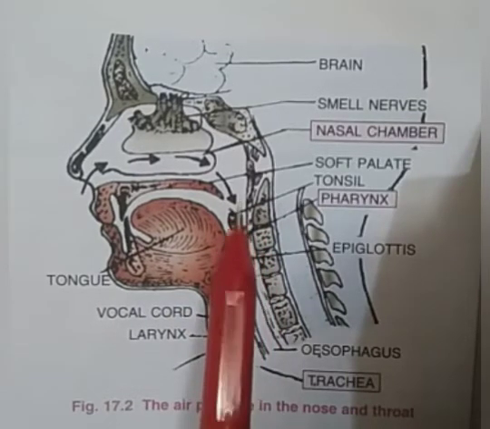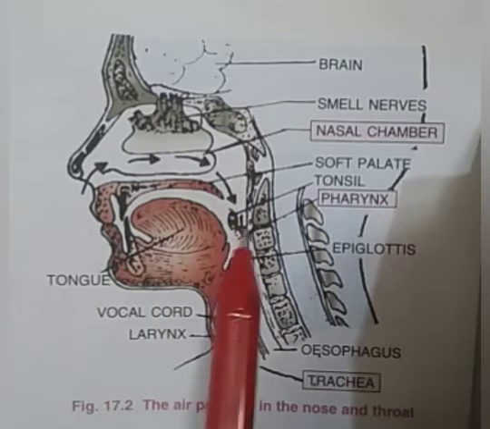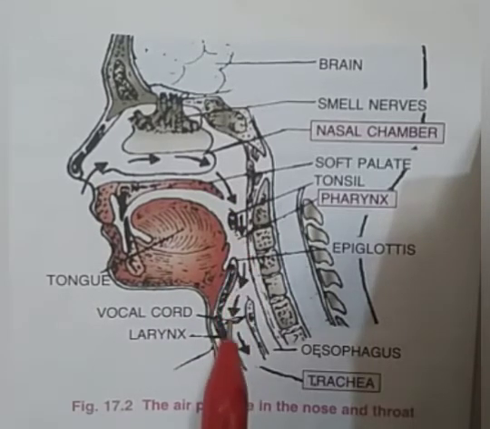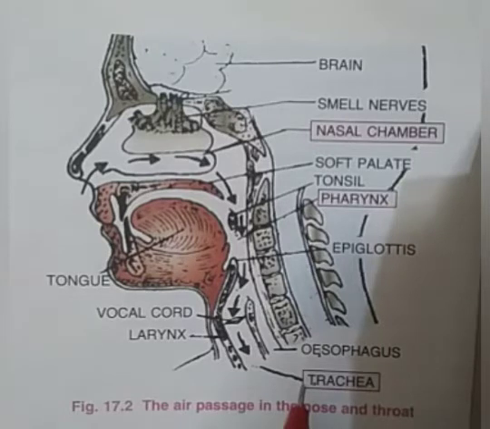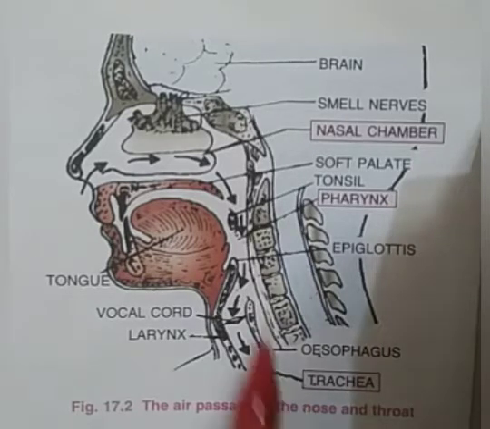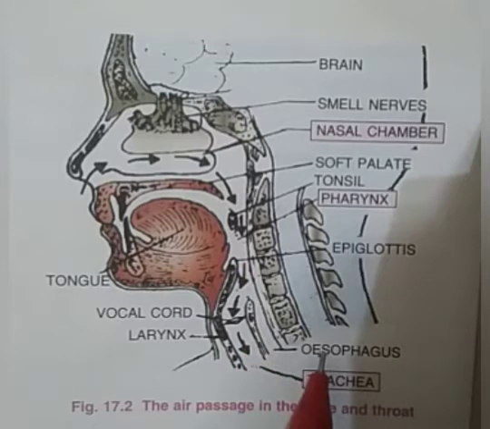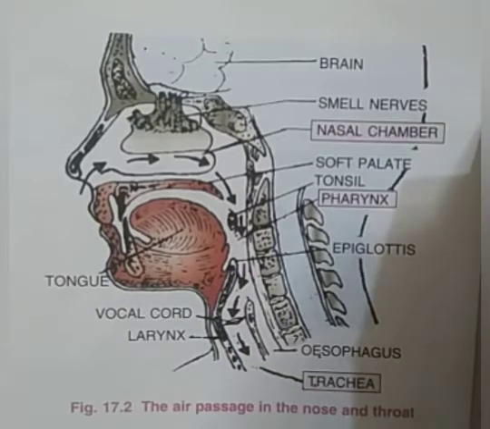Air from the nasal passage comes to the pharynx and then enters the windpipe, which is known as the trachea. Food from the pharynx enters the food pipe, the esophagus.